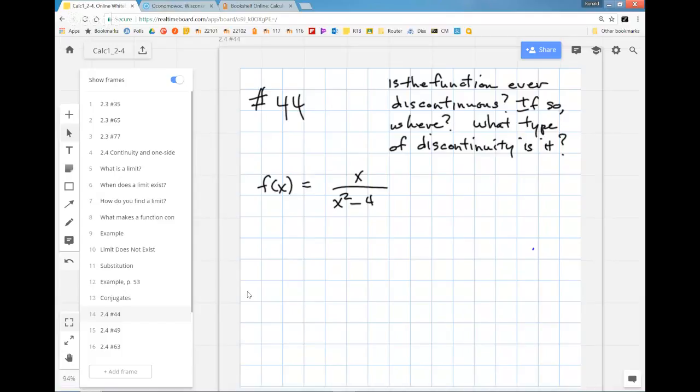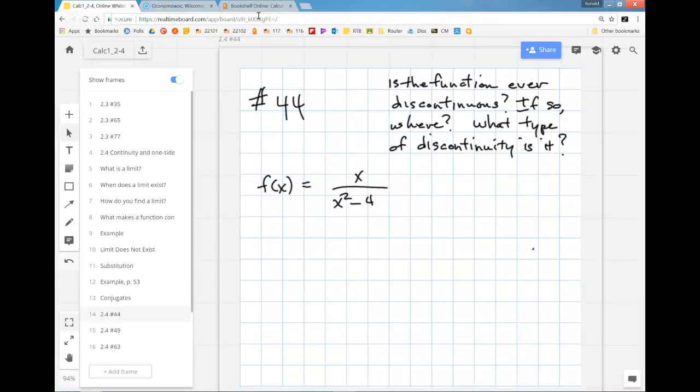In what two cases would x squared be equal to 4? When x is plus 2 and minus 2. What kind of discontinuity? Those would be asymptotes, okay?